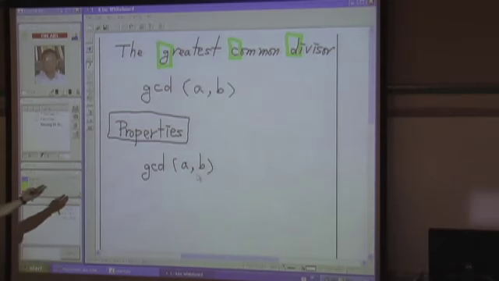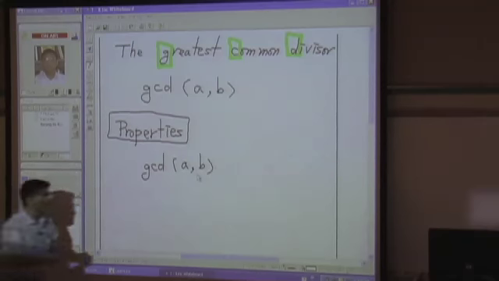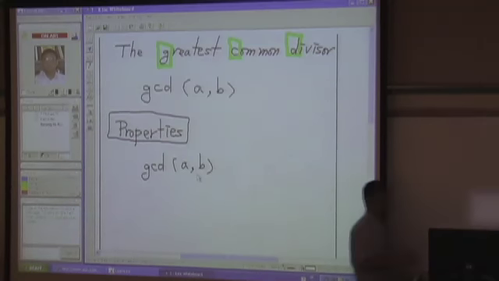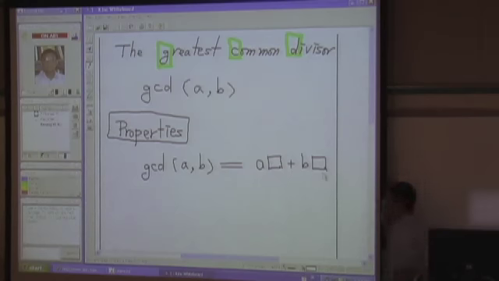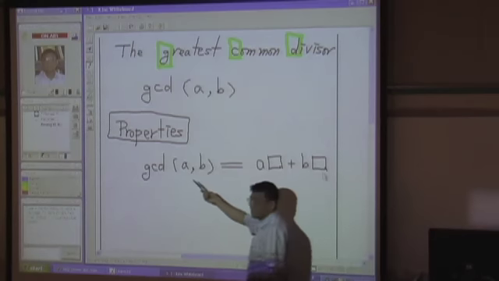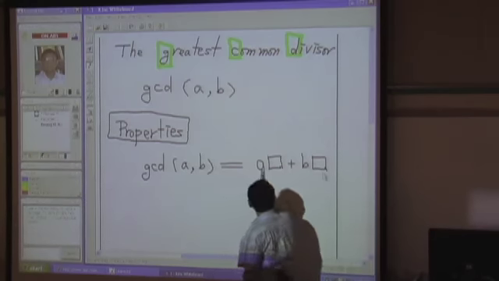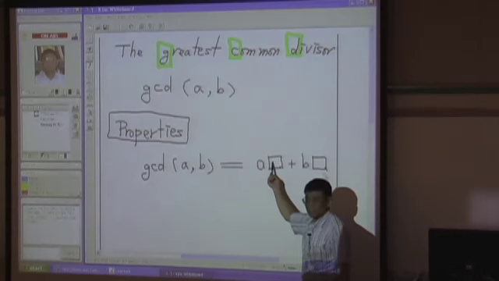Who wants this kind of symbol? So we want to have some mathematical expression, some concrete expression that we can handle. Then it is this. If GCD of A and B is given, then GCD of A and B is A times some number plus B times some number. This is the key. In other words, GCD can be represented by this kind of mathematical expression.